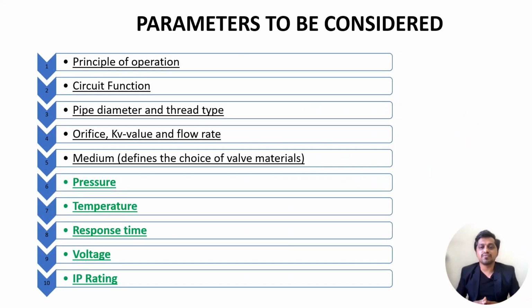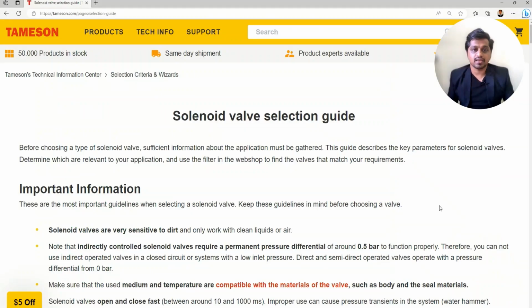So in our previous video we have covered the first 5 principles. Now let's see what are the pressure, temperature, response time, voltage, IP rating, these parameters, and how they affect the selection of solenoid valve. Right, so let's check out these parameters.